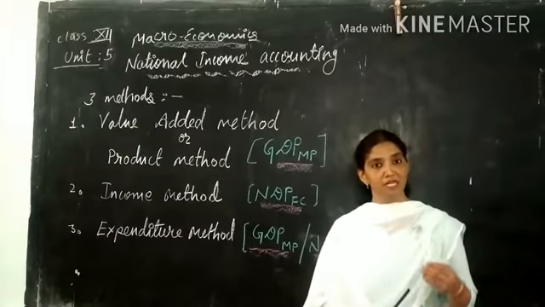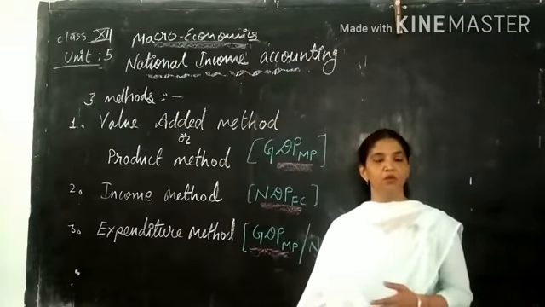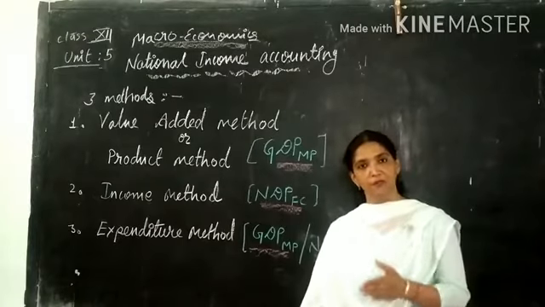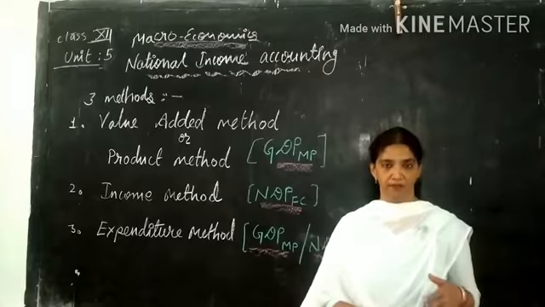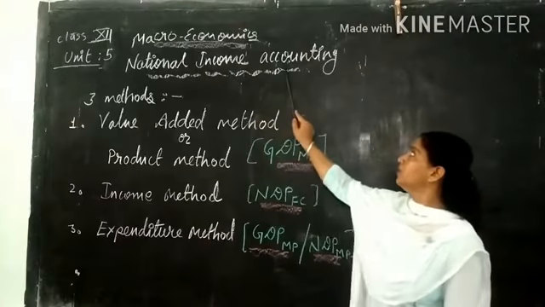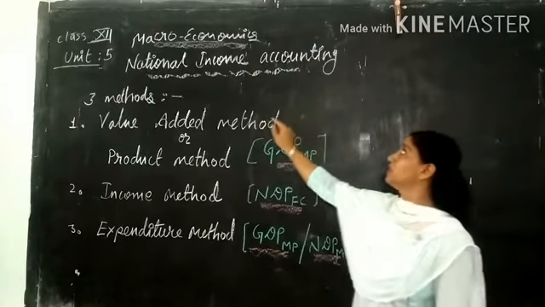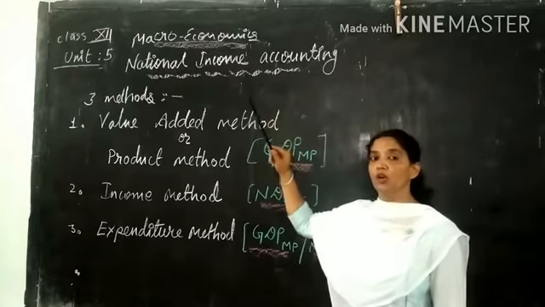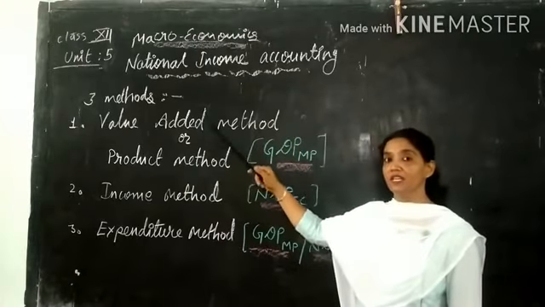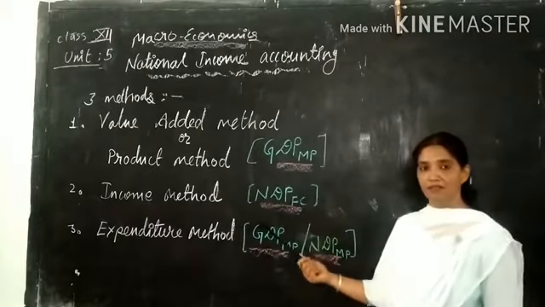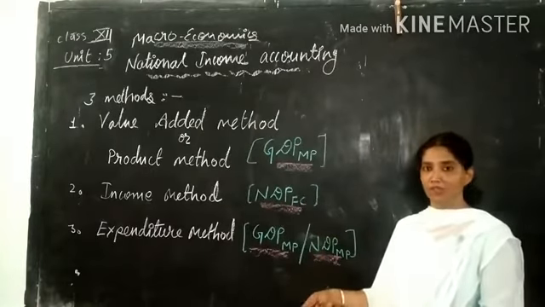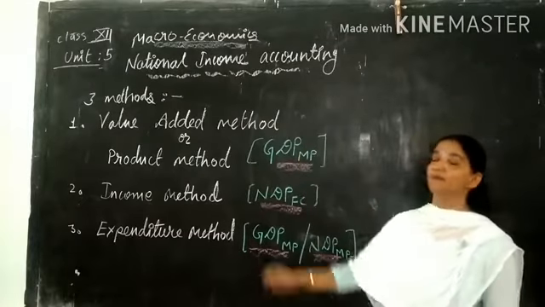National income means the money value of all final goods and services produced in a domestic territory in a financial year. And national income accounting refers to all the methods which we can use to measure national income. In this video and in my further videos, we will discuss national income accounting.